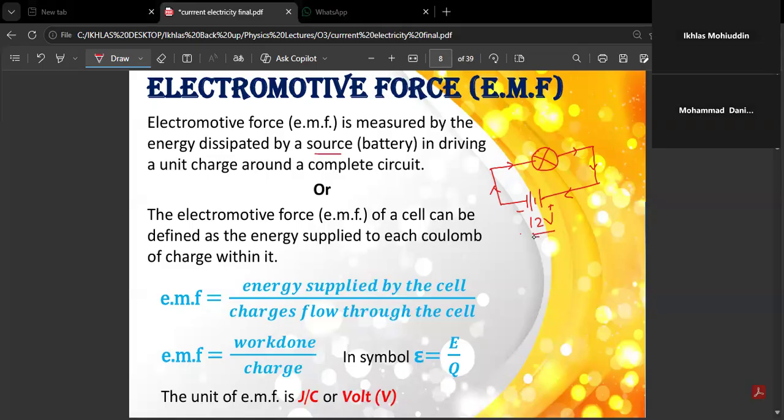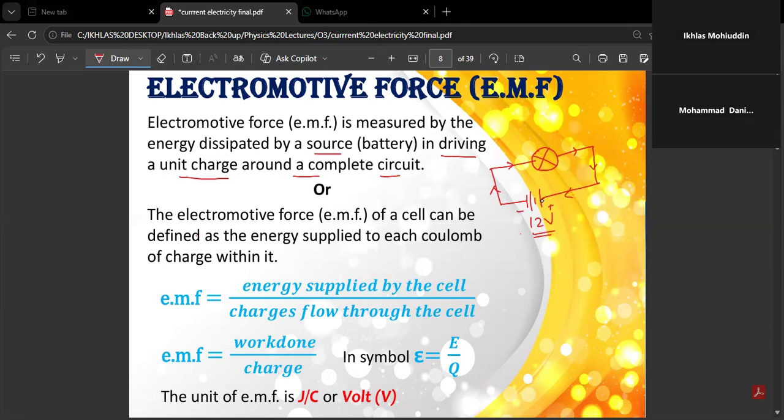Battery is equal to 12 volts, and it is the energy which we consider in driving a unit charge around the complete circuit. Or the electromotive force of a cell can be defined as energy supplied to each coulomb of charge within it.